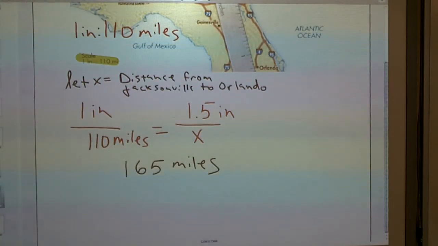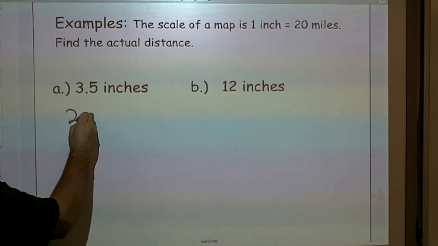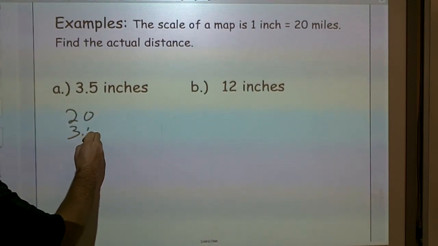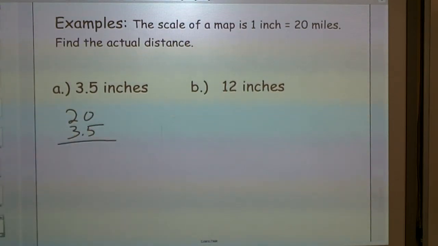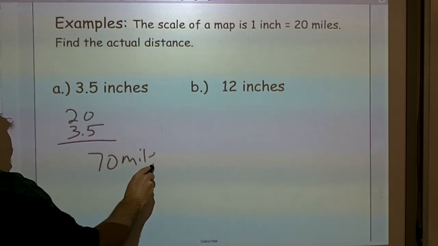Again, all we're doing is setting up proportions. Last examples here. Let's say the scale of the map is 1 inch for every 20 miles. Find the actual distance. This one's a little bit easier if we know 1 inch is 20 miles. Basically, all we're doing is multiplying 3.5 times 20 miles. 3.5 times 20 should get you to about 70 miles in this case.